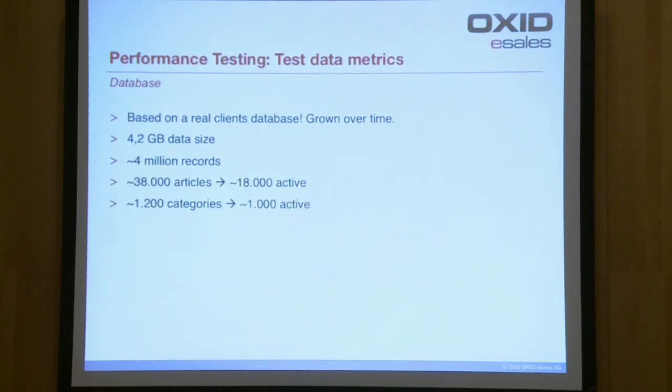It had about 38,000 articles, of which 18,000 were active. That means the non-active ones were still in there because you still have the order history and so on. There were about 1,000 active categories. Oh, and there were 30,500 variants. Like I said, variants, they make a difference.